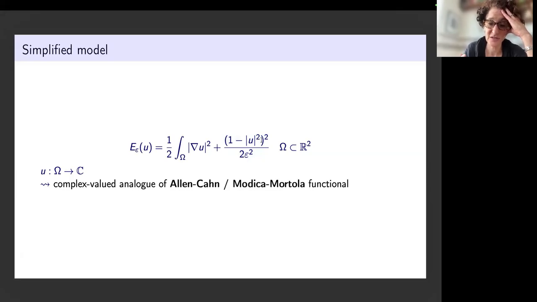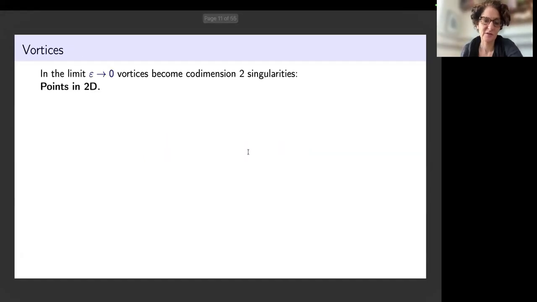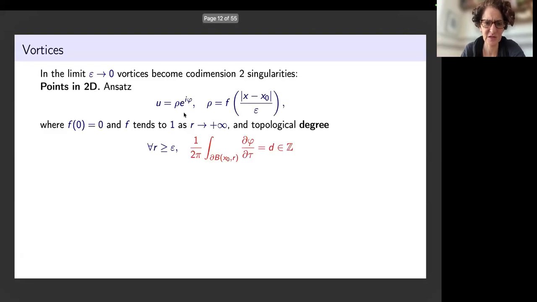And in fact, it should behave like an S1-valued harmonic map away from these vortices. But what's interesting are the vortices. And so when you let epsilon go to 0, you will see these really point-like vortices in 2D.